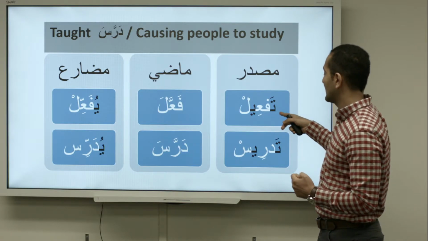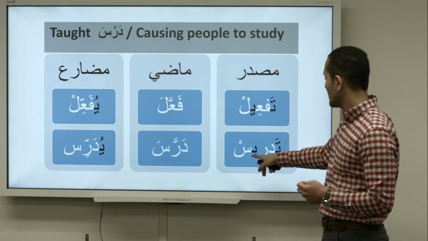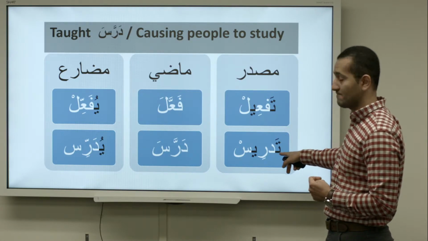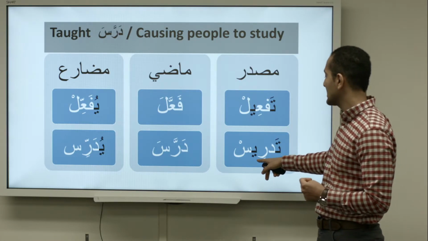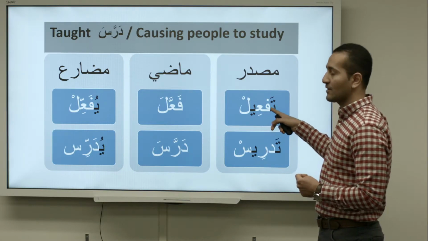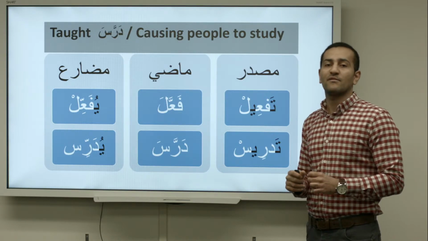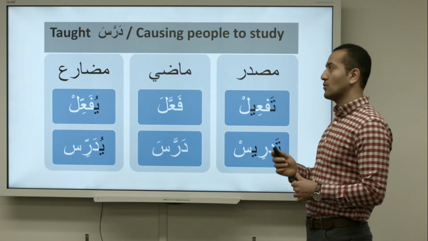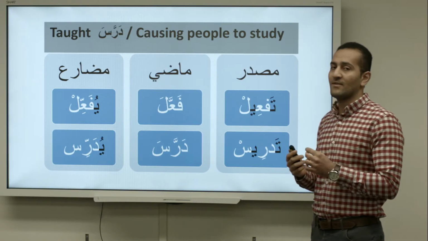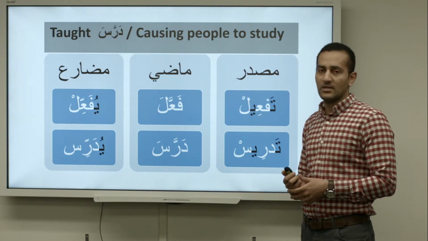So we are going to add ta in the same place of the root darasa. So we will have tadris. And remember, the short vowels make a crucial difference in the meanings of verb forms. So darasa is different than darasa, taught versus studied.